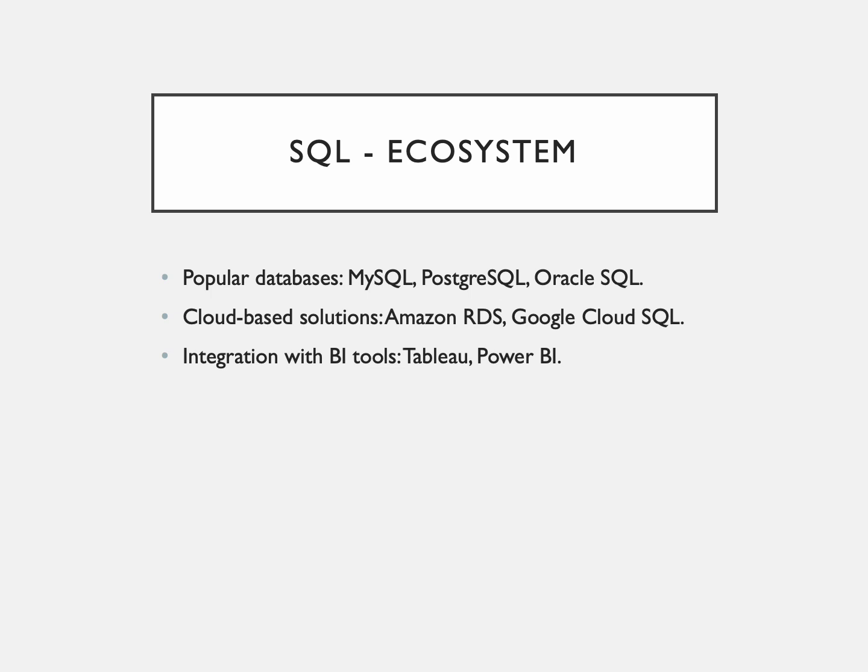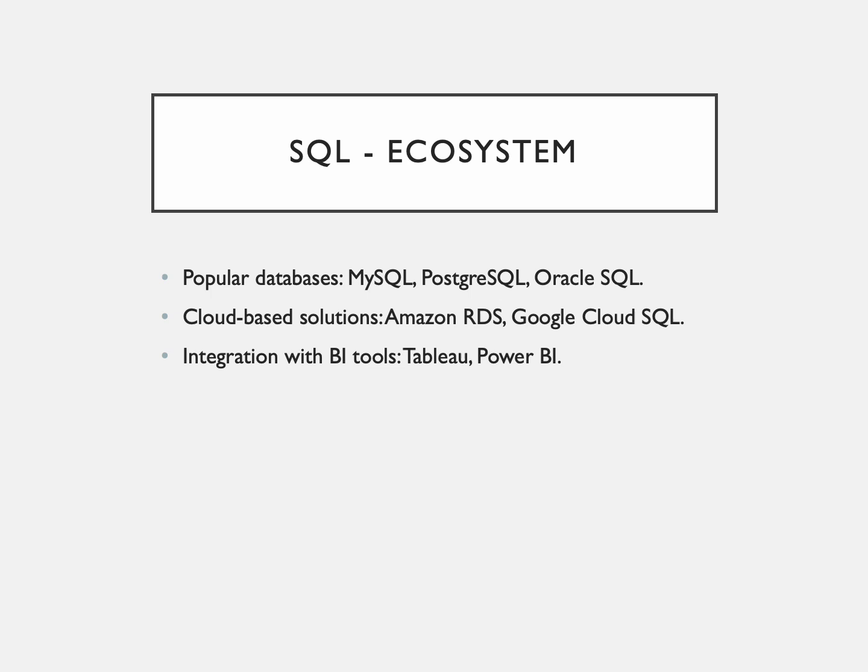Third is Oracle SQL, which is a part of Oracle's relational database management system, renowned for its enterprise grade capabilities. It offers robust security, high performance, and advanced features like Real Application Clusters, making it ideal for large scale business applications.